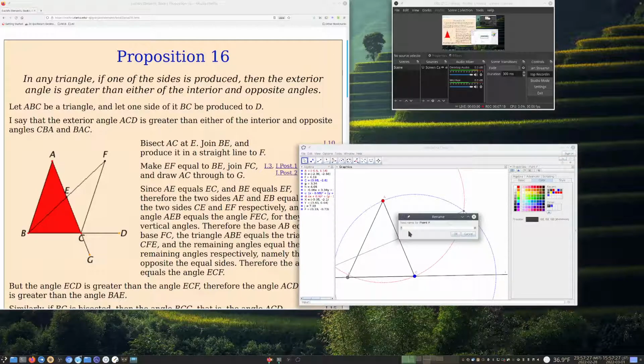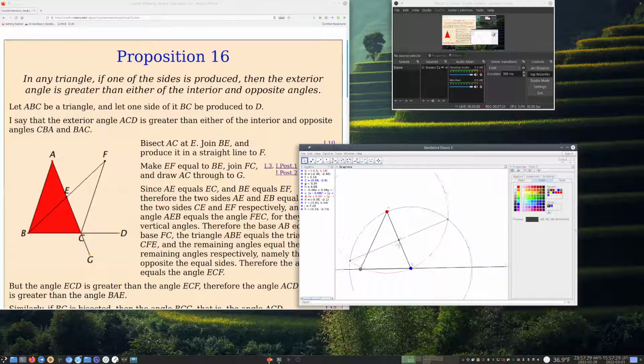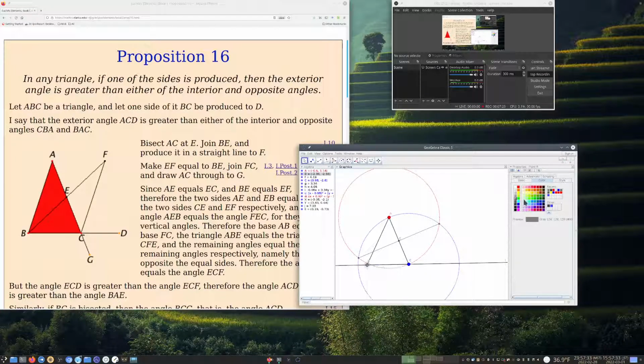This is the point E. Okay, this will be the point E.